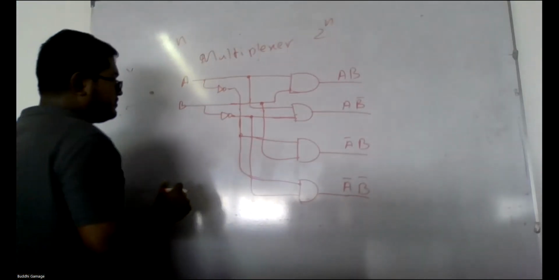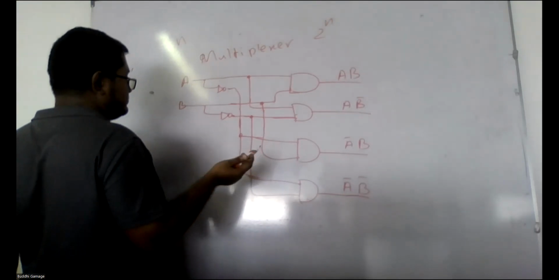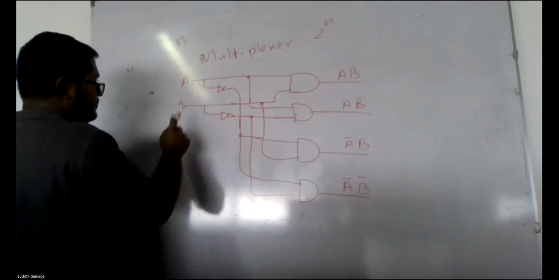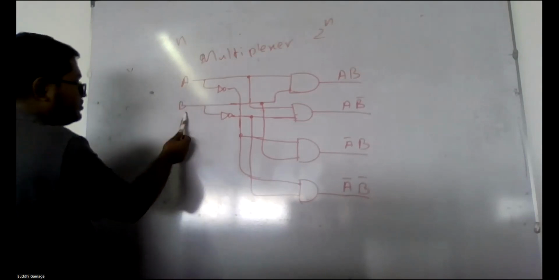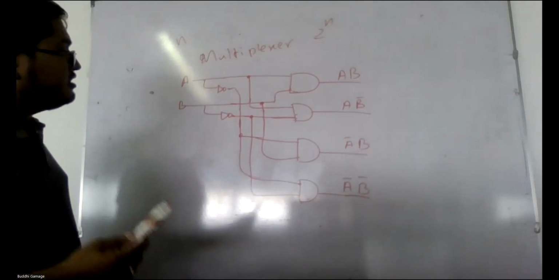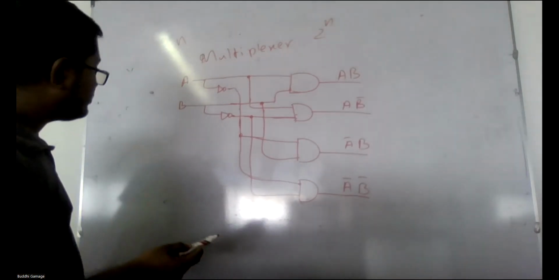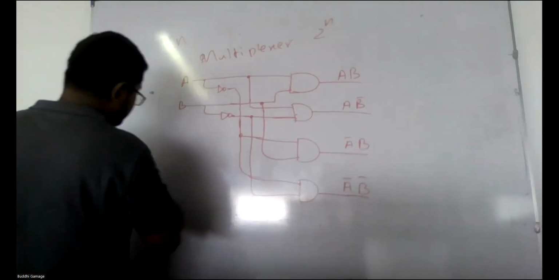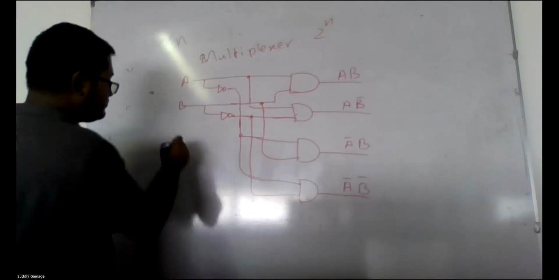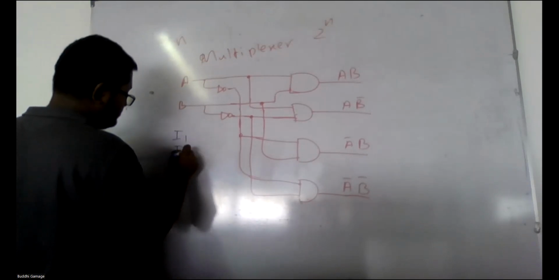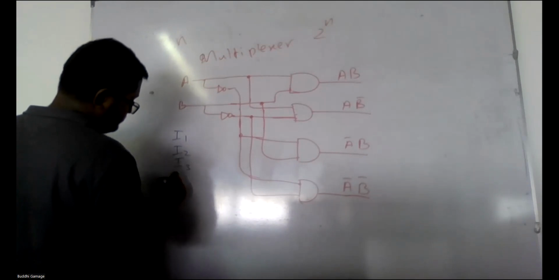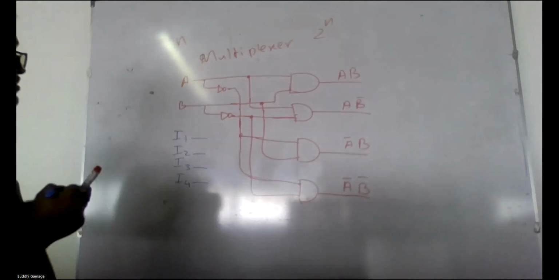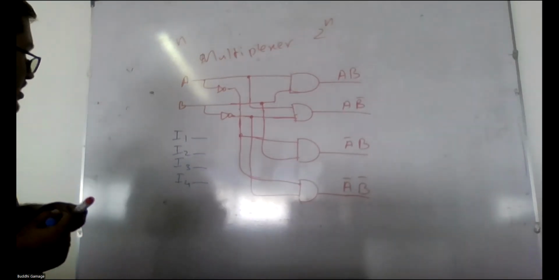So what that means is, if there are two control lines, there are 2 to the power n number of inputs, right? There should be 4 inputs, right?